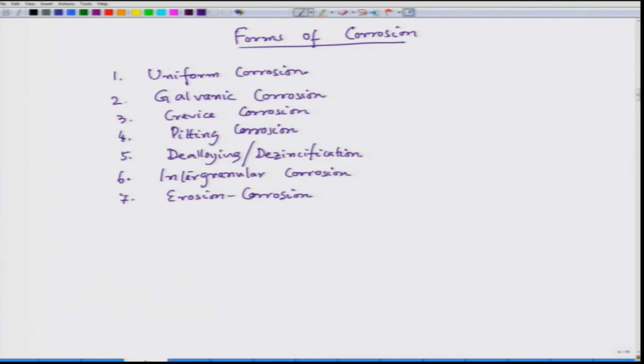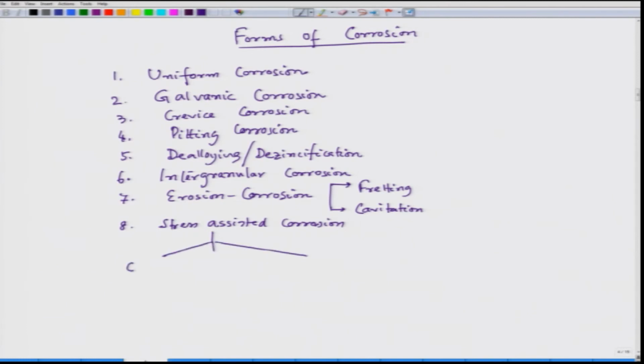where we have two special forms. One is fretting, another one is cavitation, and finally we have stress assisted corrosion, where we have three segments.